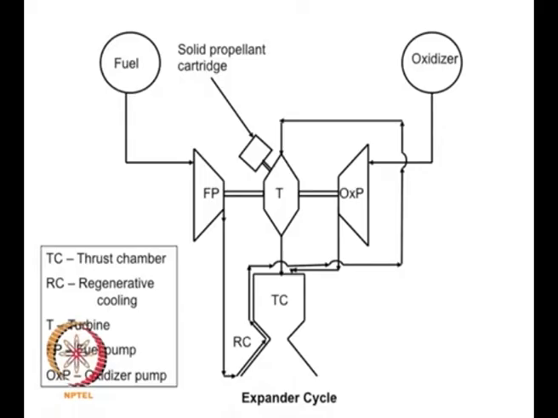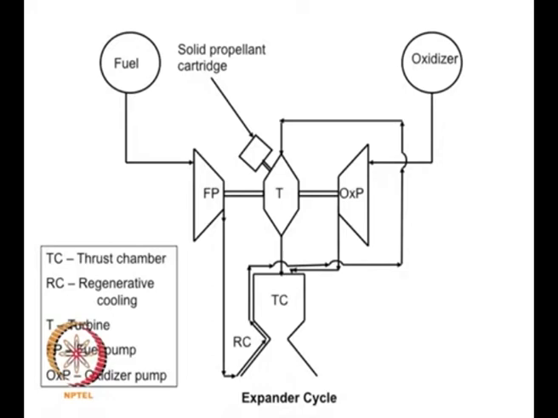The expansion of this heated hydrogen is used to pass through the turbine, and this will give you the required power to run the two pumps. Mind you, this is only for a low thrust system that it is possible.